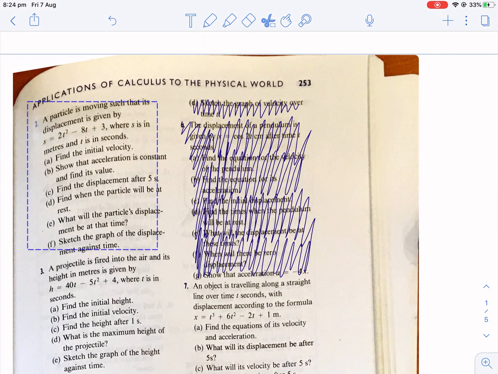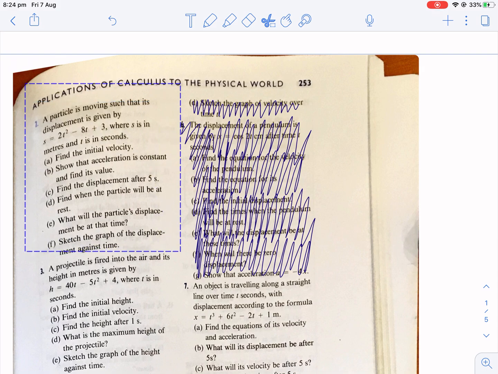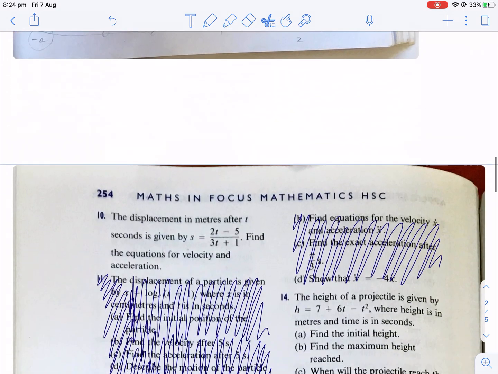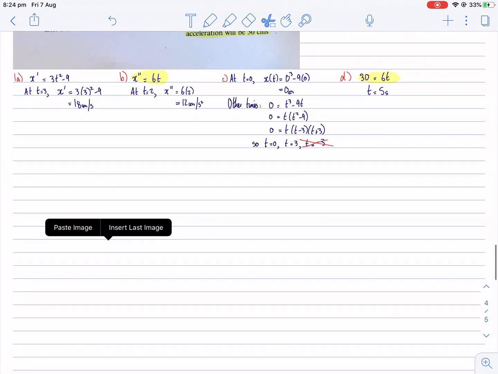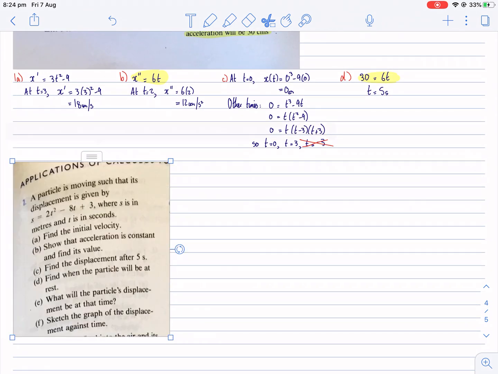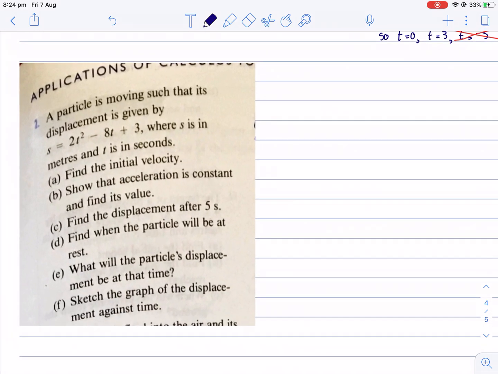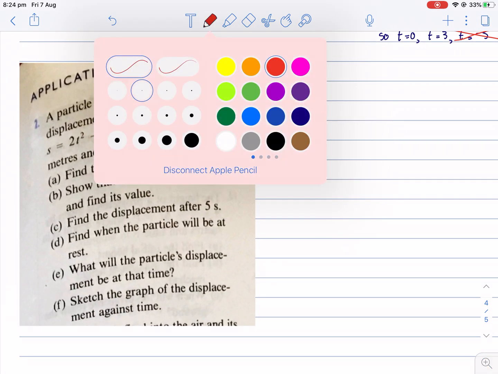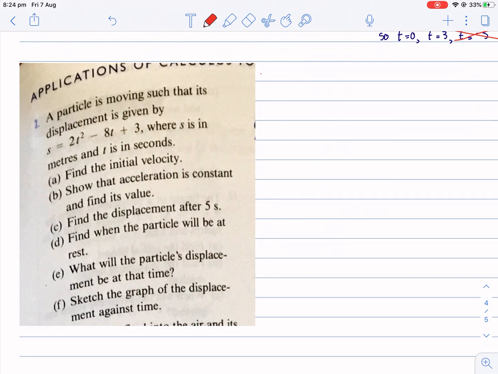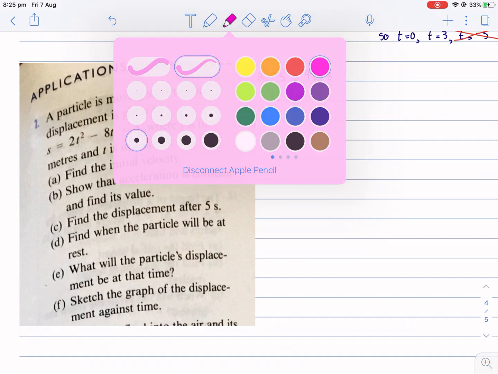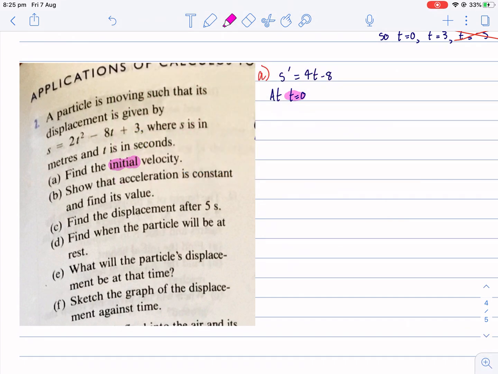Question 2. Initial velocity, again, we just need the derivative of the displacement. So that's 4t take 8 at t. Whenever they say initial, I want you to assume t equals 0.